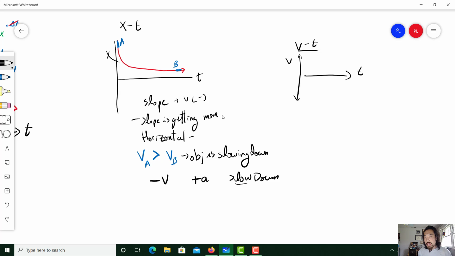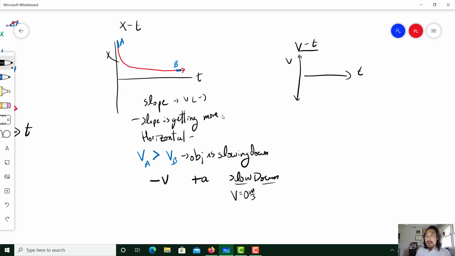This idea of slowing down is very important. If you continually slow down, eventually you're going to reach a point where you are completely stopped. Okay, so you're going to slow down until you stop, and this is where your velocity is 0 meters per second. This is after time has progressed.